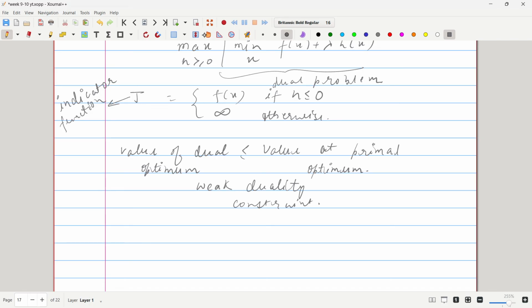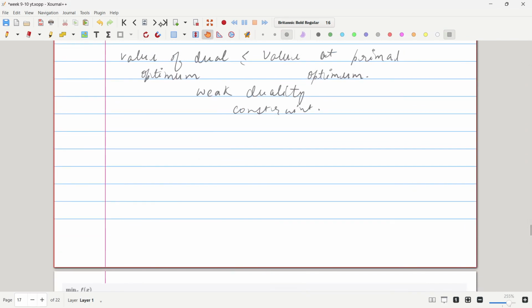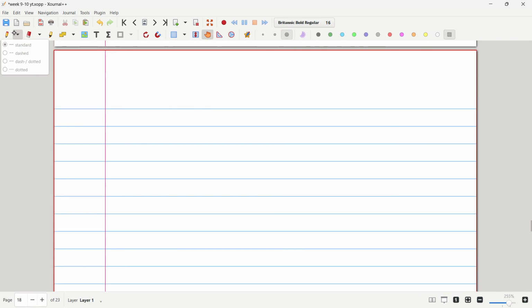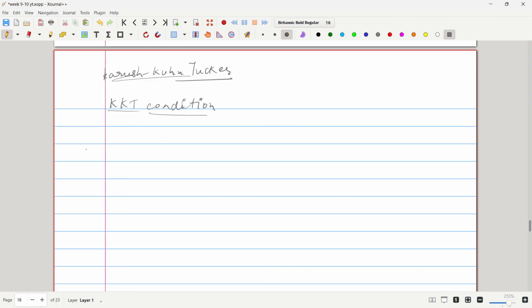Now there is a theorem that is very important for duality. It is known as the KKT conditions, Karush-Kuhn-Tucker conditions.